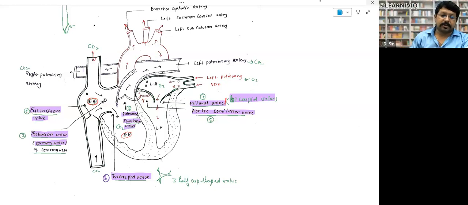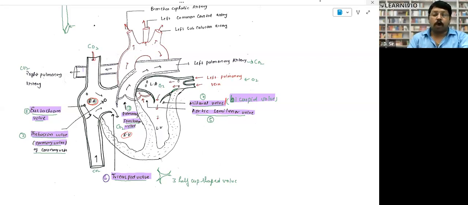Last but not the least, when blood flows from the left ventricle to the aorta, between the aorta and left ventricle, there is an aortic semilunar valve, which prevents backflow from the aorta. So please note down.